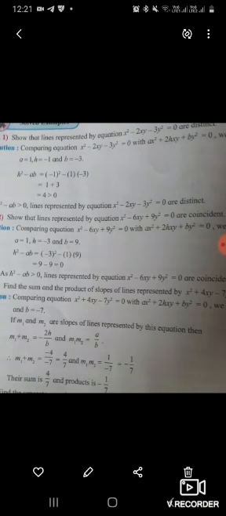Listen, first one: we have to show these lines are distinct.